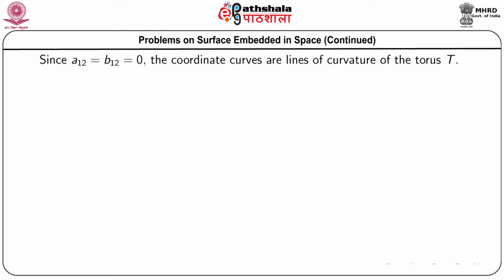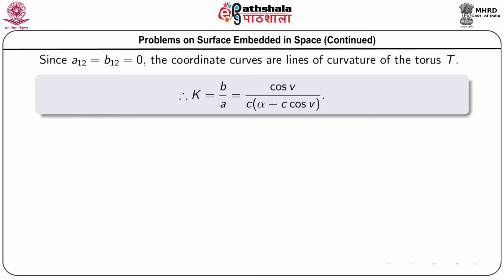Now, since A12 equals B12 equals 0, the coordinate curves or the parametric curves are the lines of curvature of the torus. And the Gaussian curvature, that is B by A, is coming to cos v by c times alpha plus c cos v.